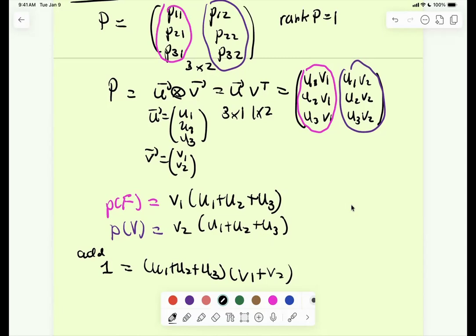Oh, so we're saying that if the columns are linearly dependent... Okay, right, so the columns are dependent, because it's rank 1, and then the probabilities are conditionally independent.